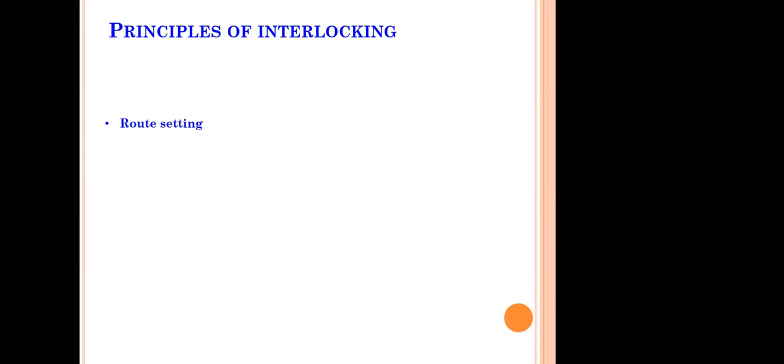How it is defined in the signal engineering manual, we need to bear it. The route setting ensures the route is set for a train before a signal is taken off. How many points are there? How many track circuits are there? How many level crossing gates are there? All these things need to be in the safe position before I decide a route and take off the signal.